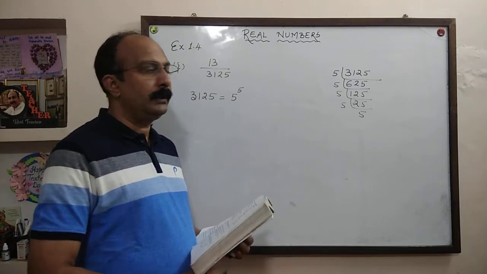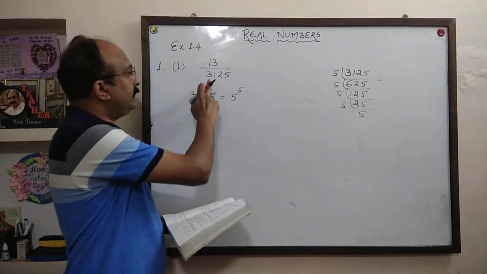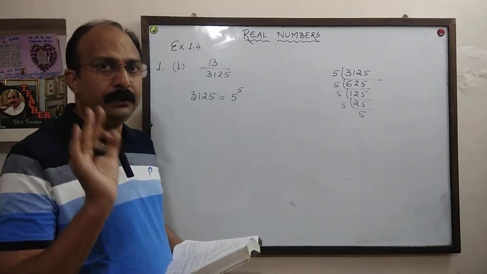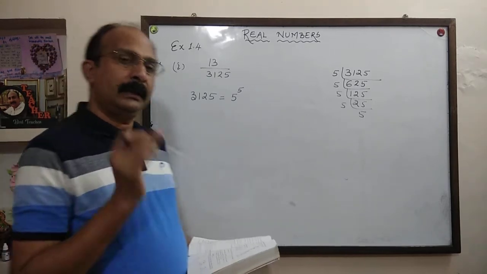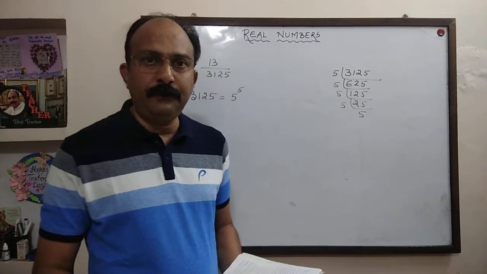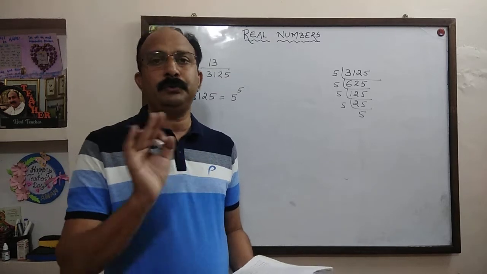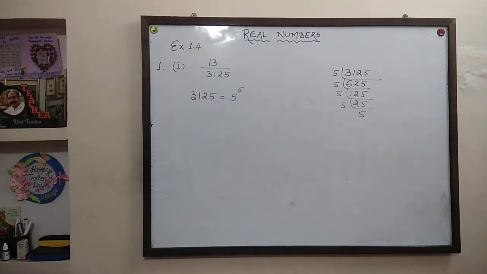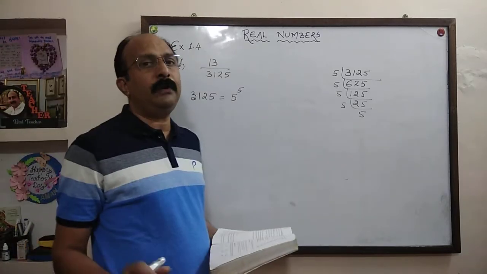So I told you, if the prime factors of the denominator are in the form of 2 power m into 5 power n, it can be only 2's, it can be only 5's, or it can be both 2's and 5's, but nothing other than 2 and 5. So here we have only 5.